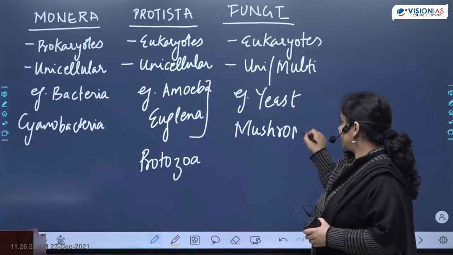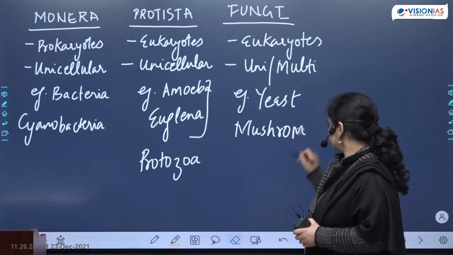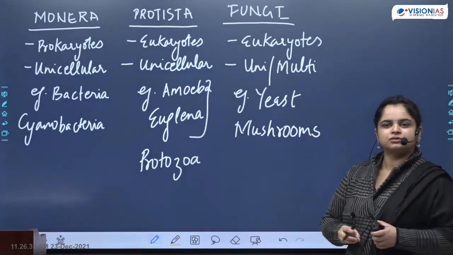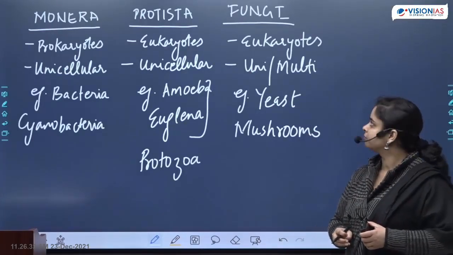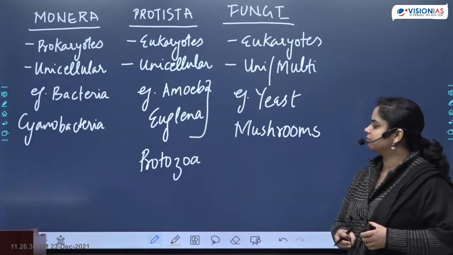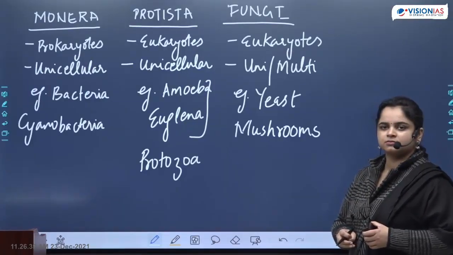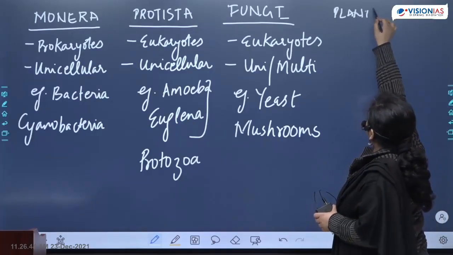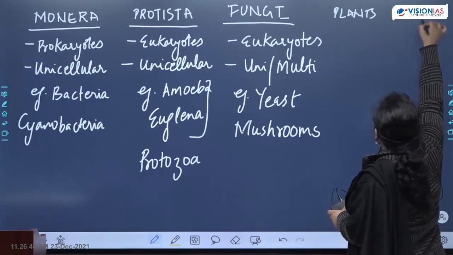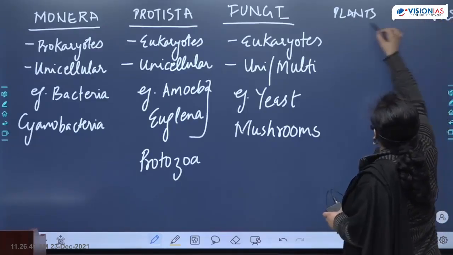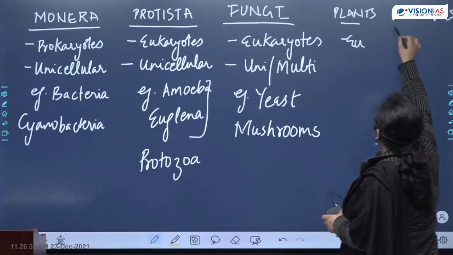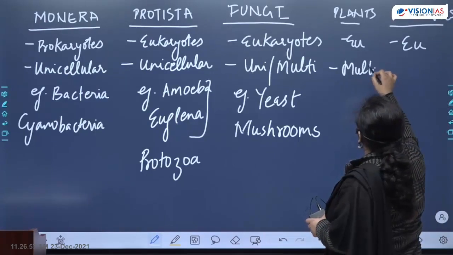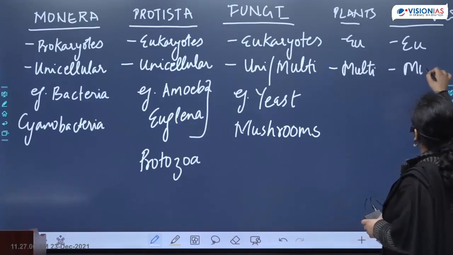Vitamins. Vitamin B. It is a good source of vitamin Bs. B1, B2. And you know about mushrooms? The common fungus. And of course, the last two kingdoms, plants, eukaryotes, animals also eukaryotes, multicellular, and this also multicellular.